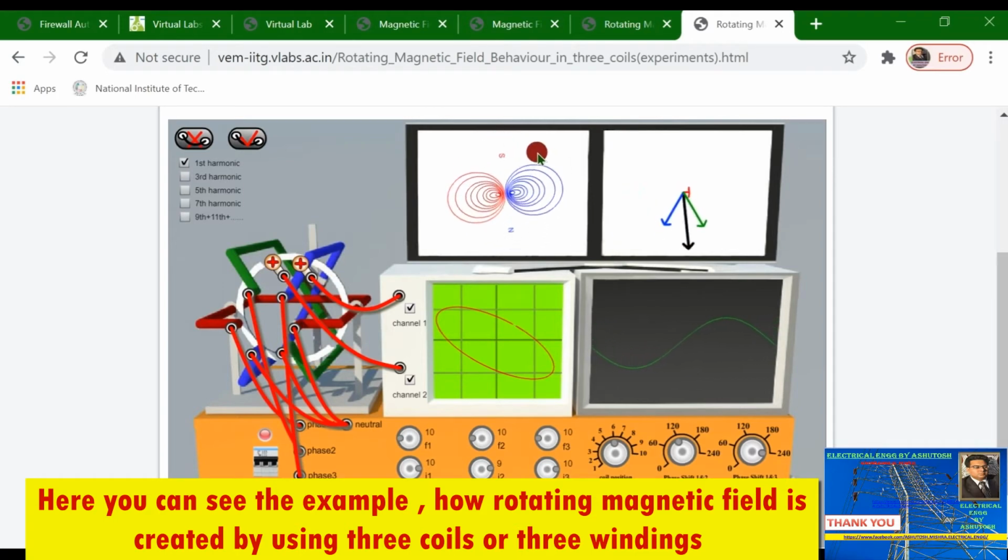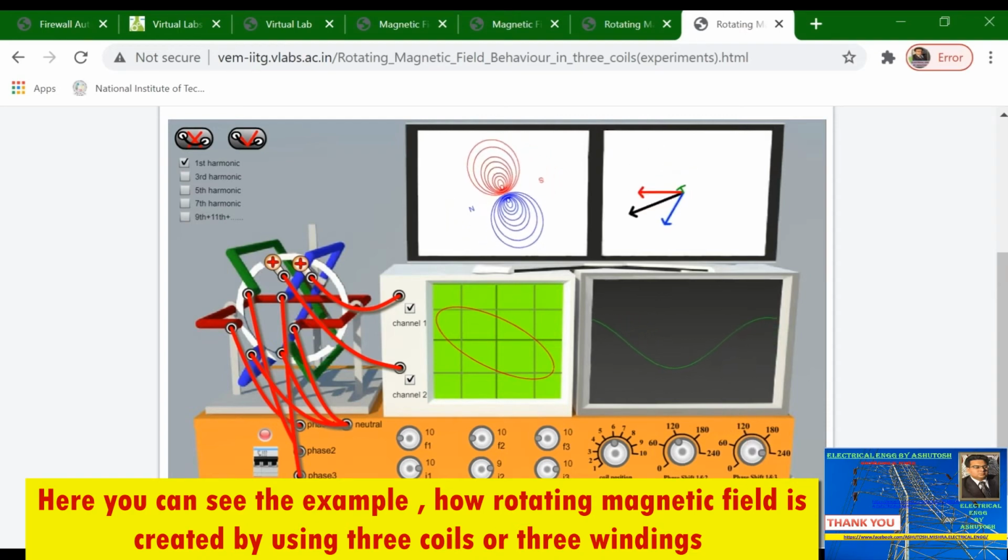Now the poles are rotating. So this is called a rotating magnetic field, and the black one is the resultant vector, and it is rotating.